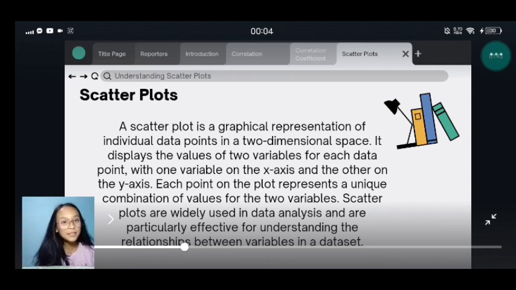It displays the values of two variables for each data point, with one variable on the x-axis and the other on the y-axis. Each point on the plot represents a unique combination of values for the two variables. Scatter plots are widely used in data analysis and are particularly effective for understanding the relationships between variables in a data set.